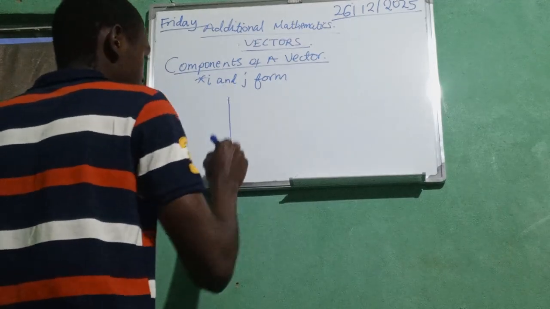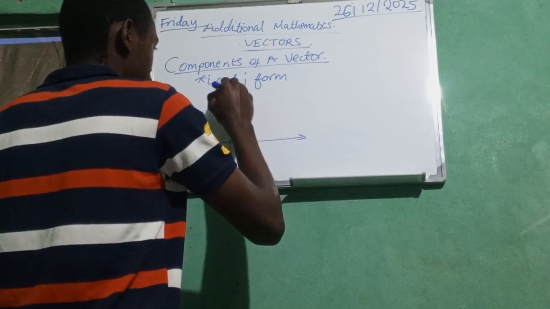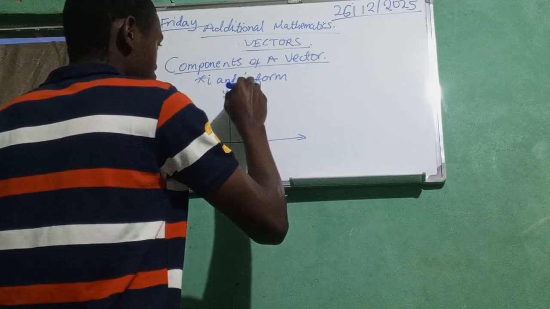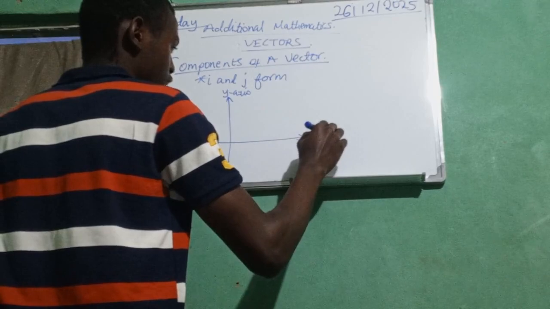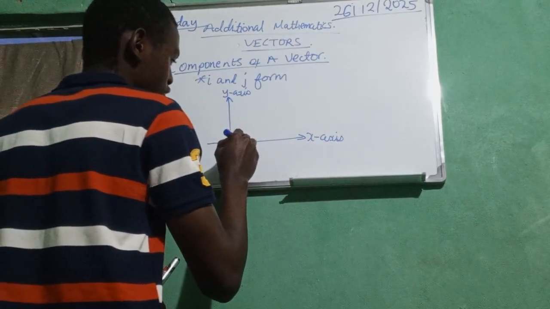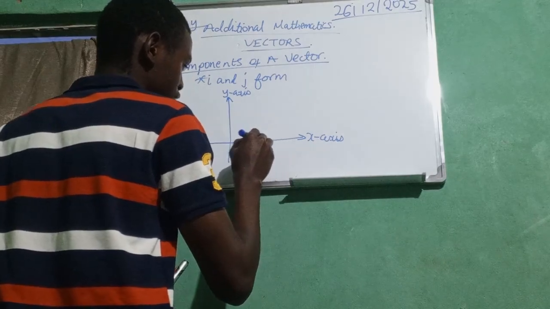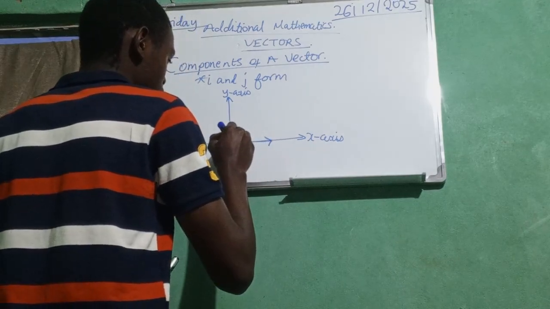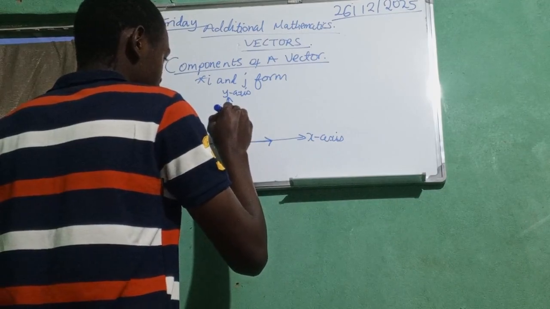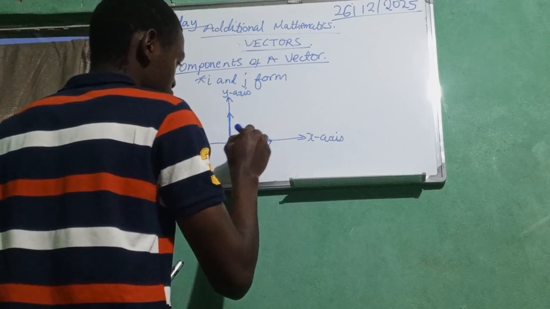So we can have the x-y plane. Here is the y-axis, the x-axis. So movement along the x-axis like that, and then movement along the y-axis like that.